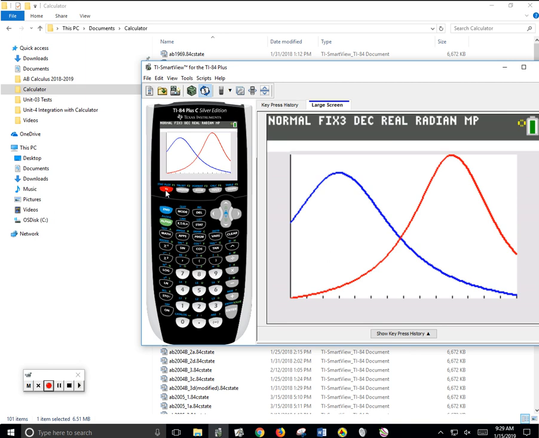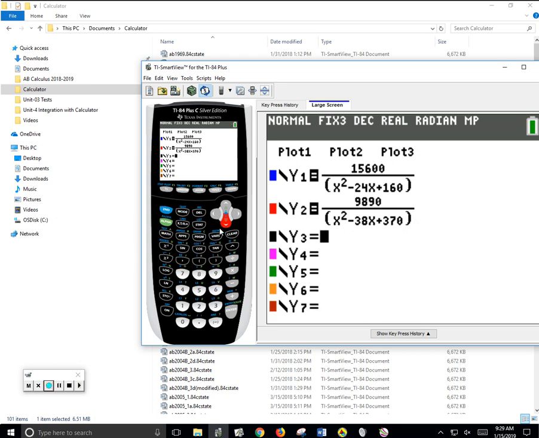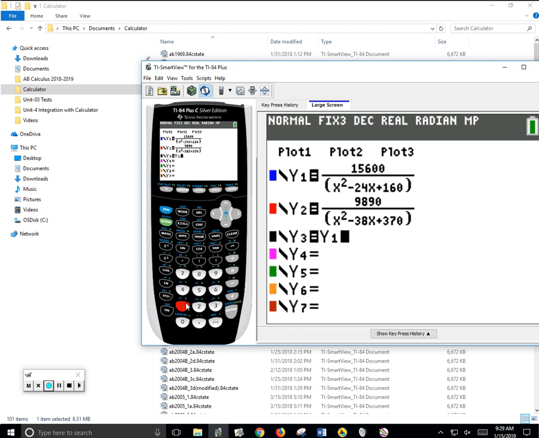I put into y1 my rate at which people enter the park. y2 is the rate at which people leave. I want to graph N prime, so I put N prime in y3. N prime is just y1 subtract y2.